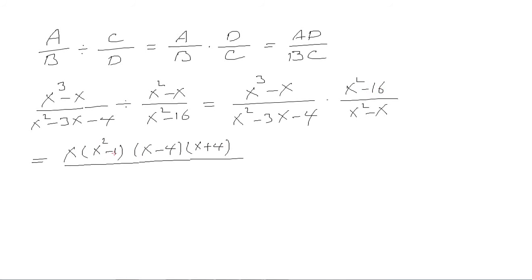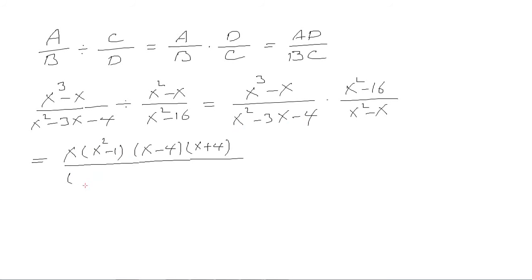You can see this one can also be factored. I can write this as x minus 1 times x plus 1. But let's do this one. Here I have a trinomial in the form x squared plus bx plus c. So I have to ask myself, what are two integers so that their sum is negative 3 and their product is negative 4, and those two numbers have to be minus 4 and 1.